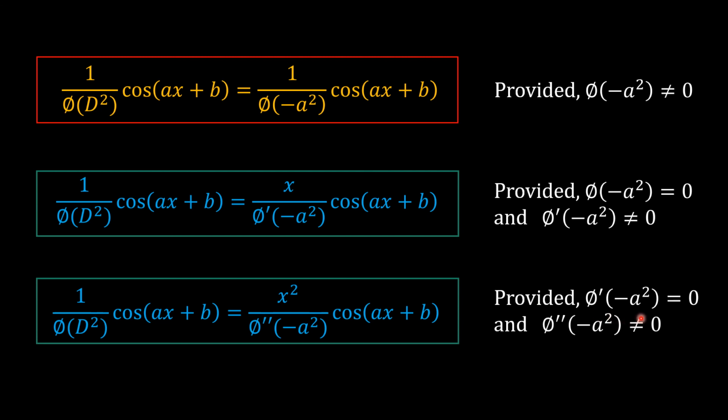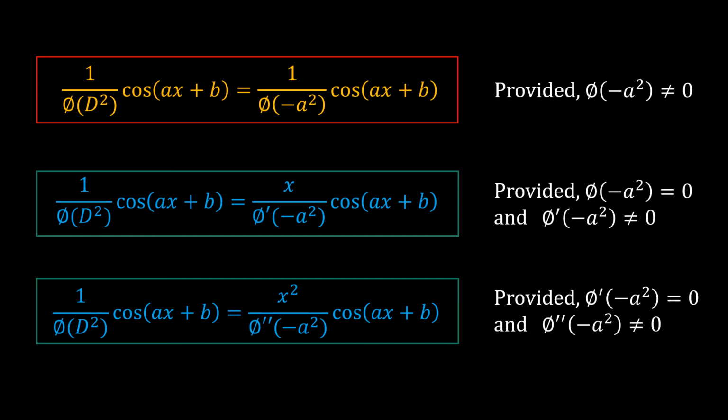Phi dash of minus a square equal to 0 and phi double dash of minus a square not equal to 0. That is the required condition to use this rule. So this is all about the trigonometric sine and the cosine function: how to obtain the particular integral when the right hand side function is the trigonometric sine or the cosine function.